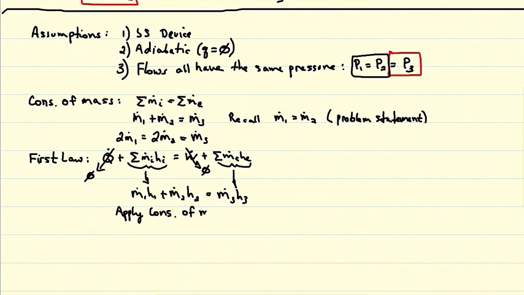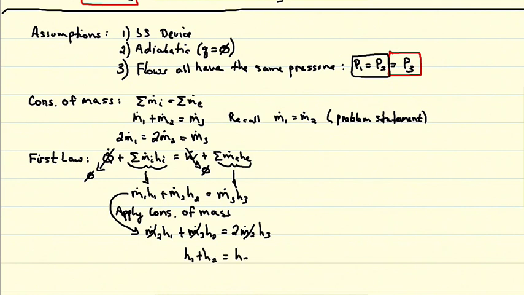And we find that since m dot 1 is equal to m dot 2, we can simply write this as m dot 2 times h1 plus m dot 2 times h2. And from the conservation of mass, m dot 3 is equal to 2 times m dot 2, times h3. So now we have m dot 2 appearing in every term, so that cancels out. And our first law equation tells us that h1 plus h2 is equal to 2 h3.